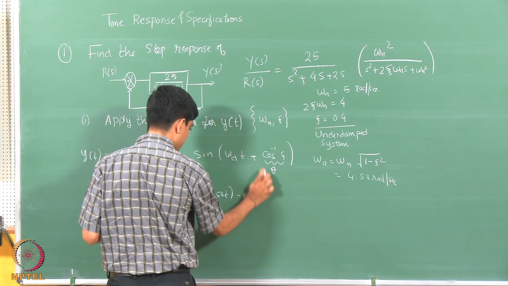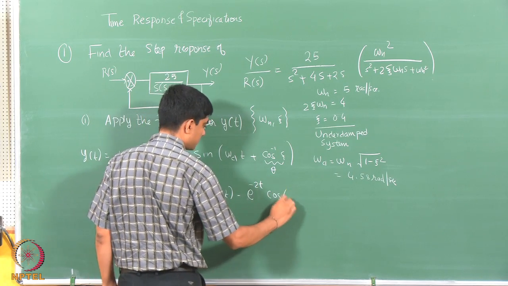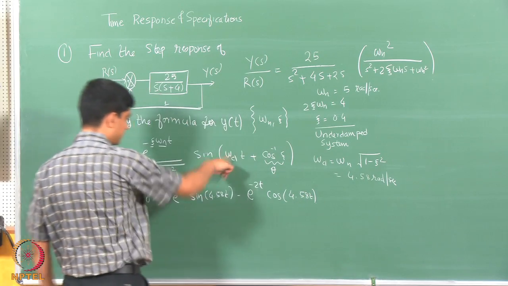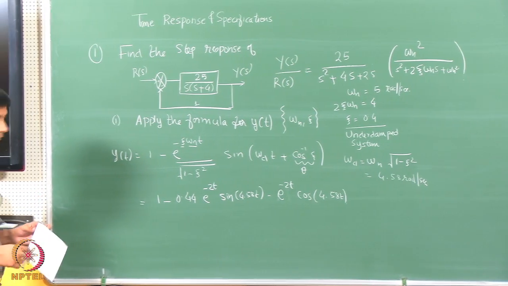Right, I'll just skip the intermediate step, but it should be easy to compute it this way.